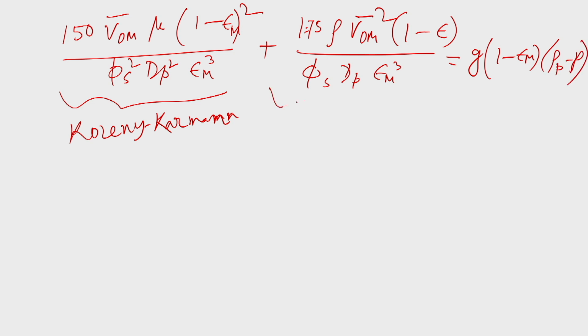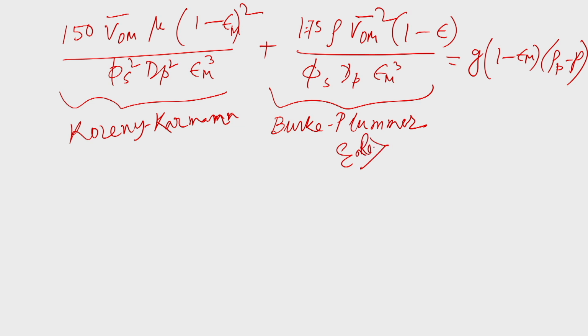The Burke-Plummer part applies where Re particle is greater than 1, and the Kozeny-Carman part where Re particle is less than or equal to 1.